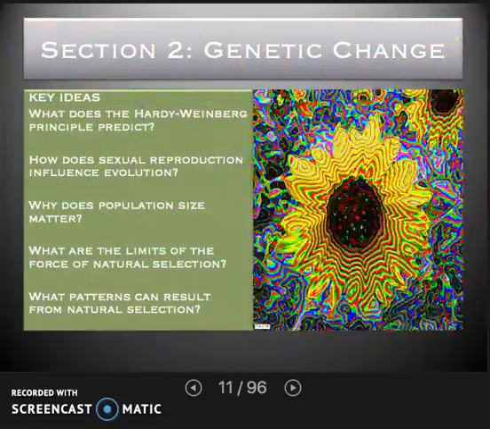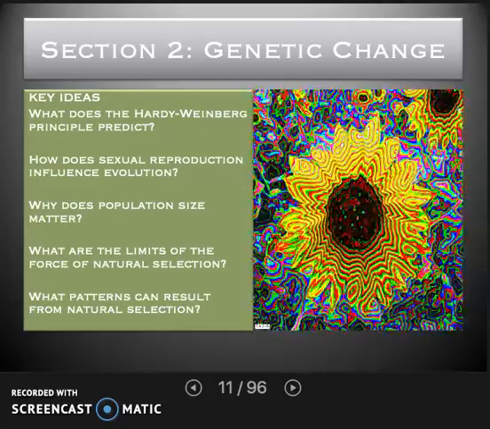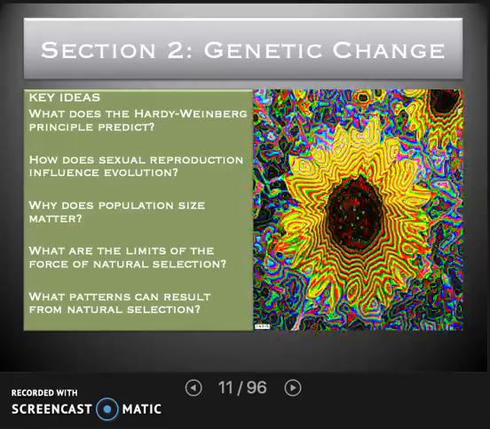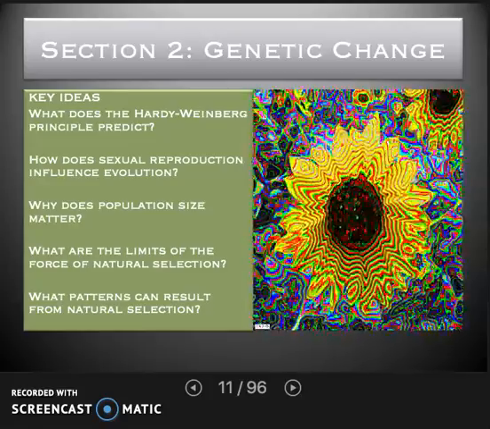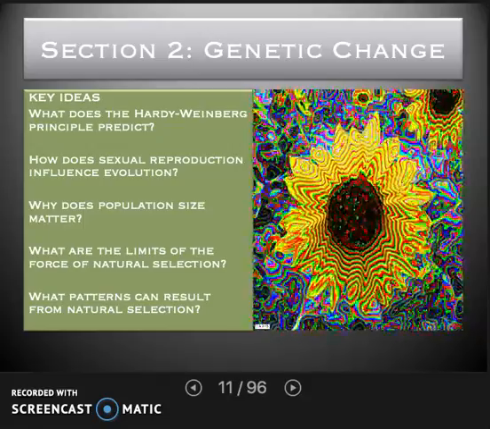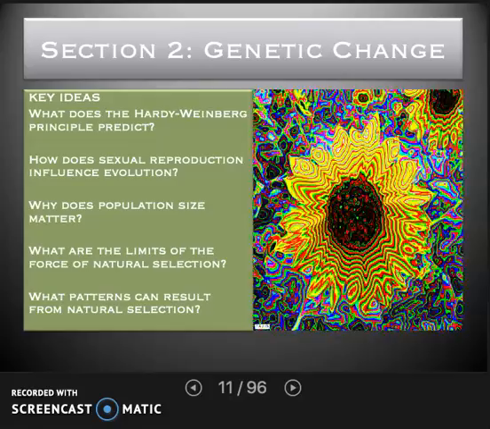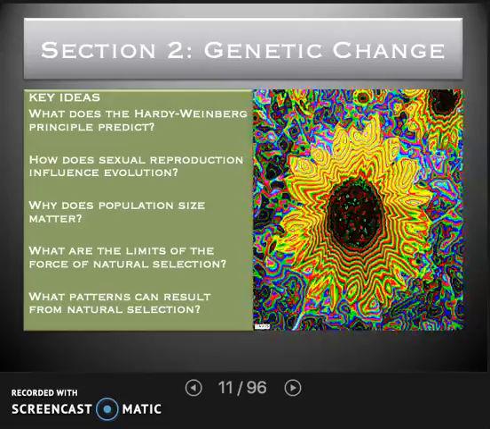Hardy-Weinberg is a central idea to population genetics. It's a measure of allele frequencies, but there are some other important ways that genetic changes can occur. Sexual reproduction is a source of variation. We mix our genes, we shuffle genes during prophase one of meiosis.